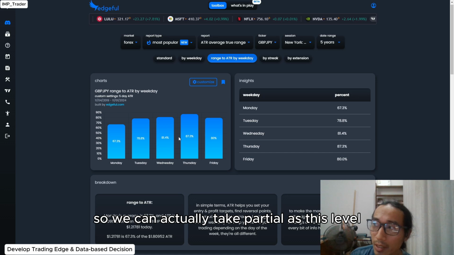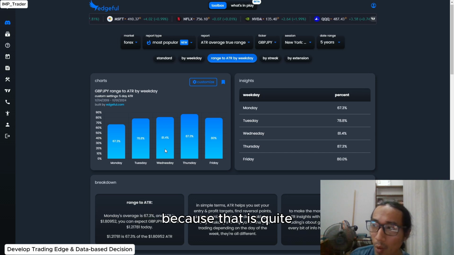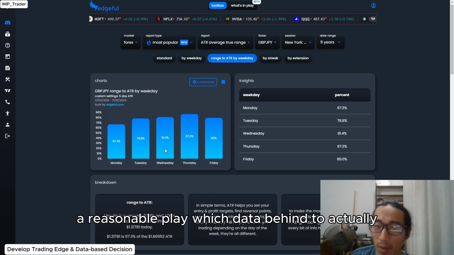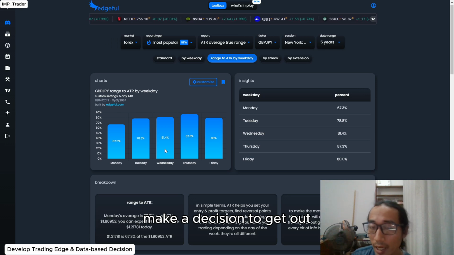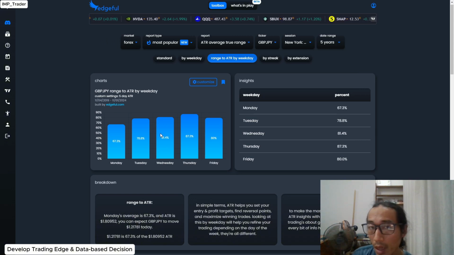So we can take partial at this level or close everything out, because that is quite a reasonable place, with data behind it, to make a decision to get out instead of trying to hold on for a bigger risk to reward.